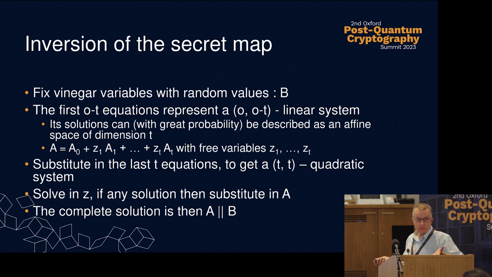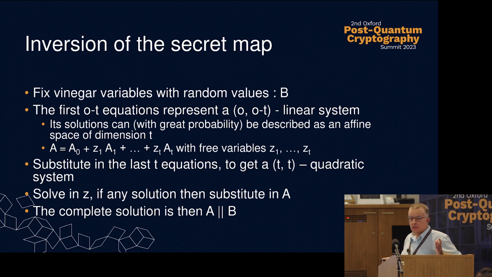So you solve it, and I can assume that you can solve it because T is small. Typical values are 6, 7, and 8, but up to 9 or 10 it is feasible to have a genuine algorithm that solves a quadratic system in few variables and few equations.